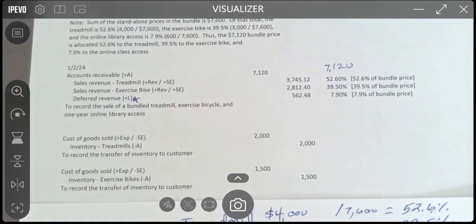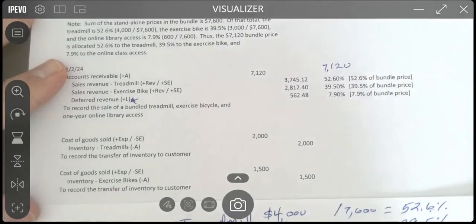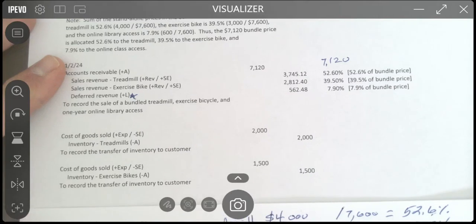So we have to recognize the cost of goods sold and the reduction in inventory because that was yet another economic event. So after this, we have the accounts receivable on the balance sheet asset side. We have the deferred revenue on the liability side, and we no longer have the treadmill inventory and the exercise bike, 1 unit of inventory.